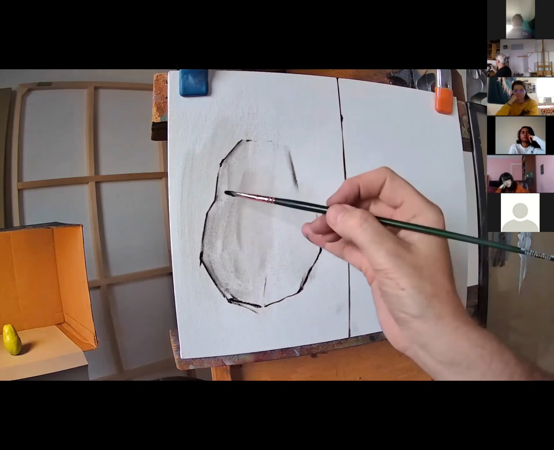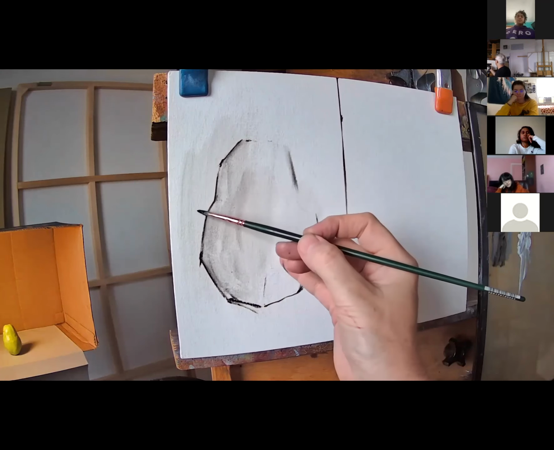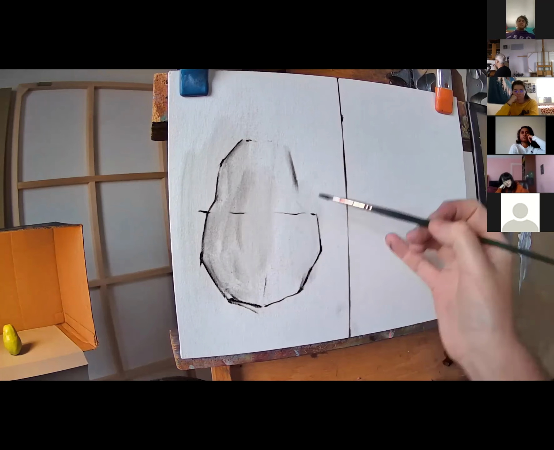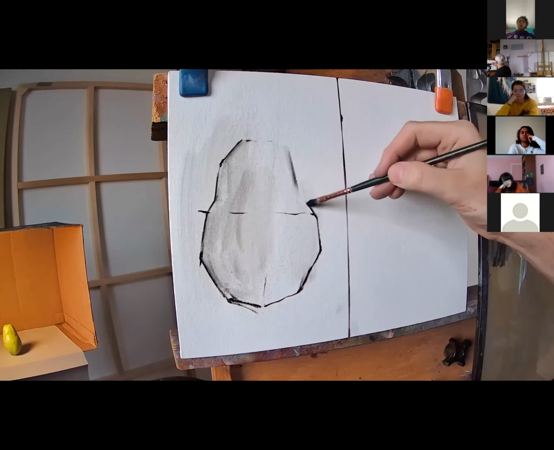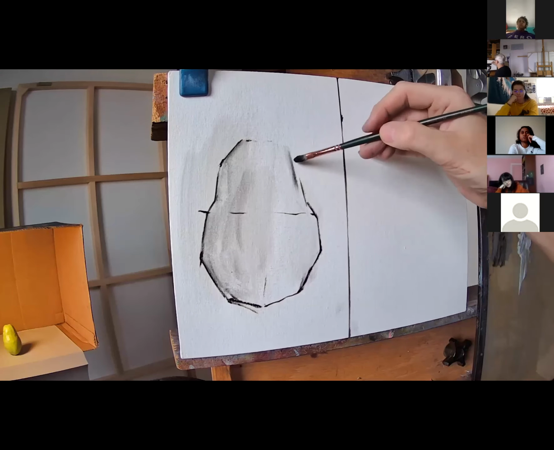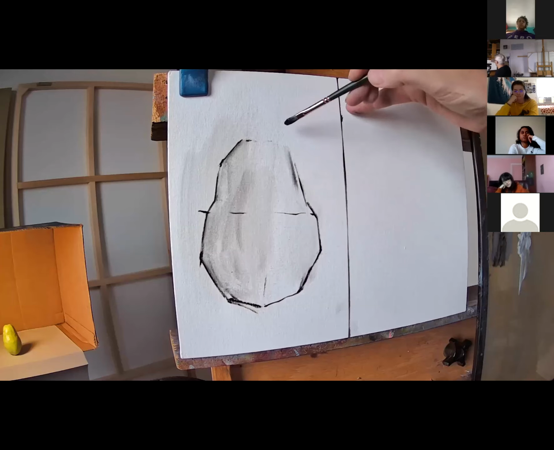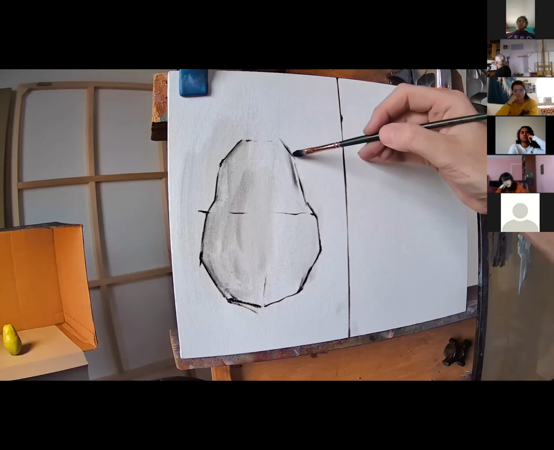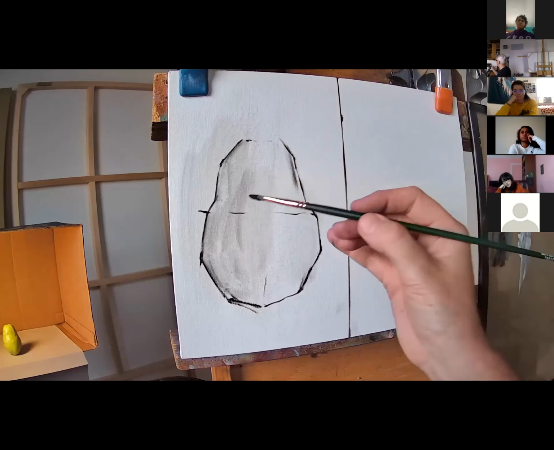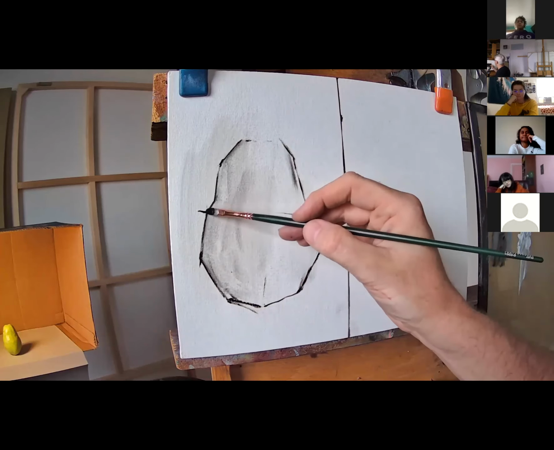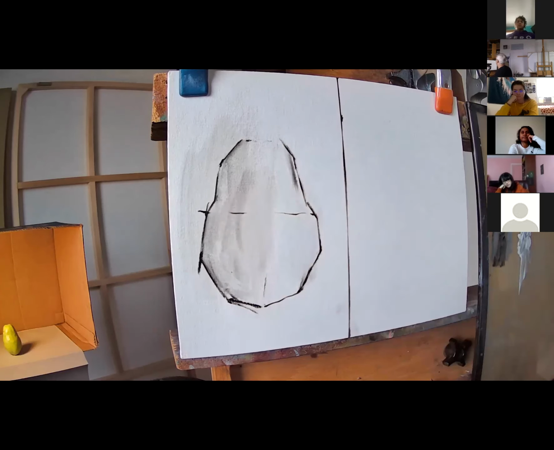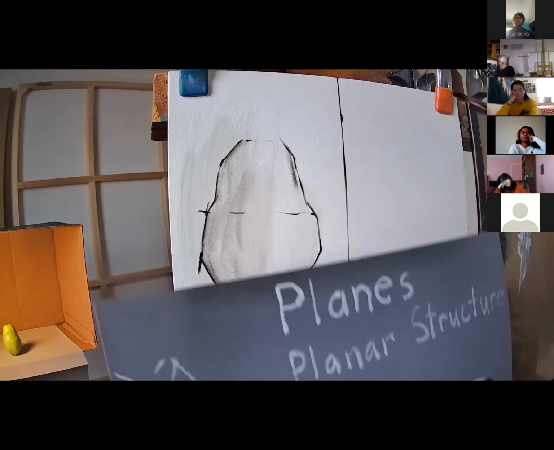The straight line technique is a common technique in classical drawing. And part of the reason we use a straight line technique as an initial block-in is, one, it helps us understand these objects in terms of their planar structure, because each of these straight lines on the contour corresponds to an interior plane.